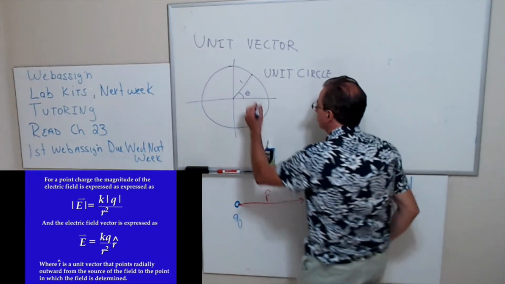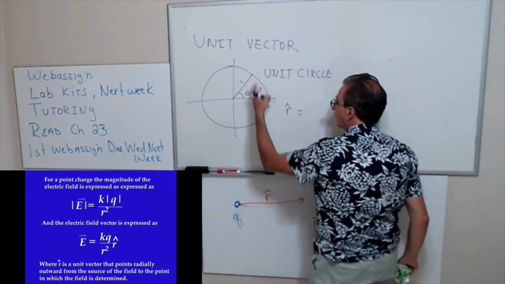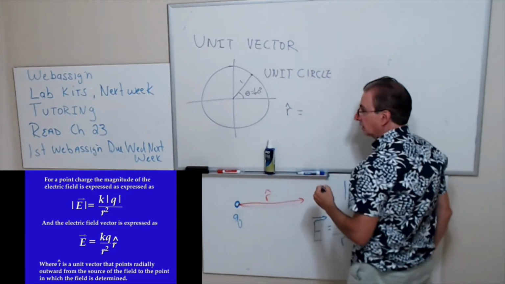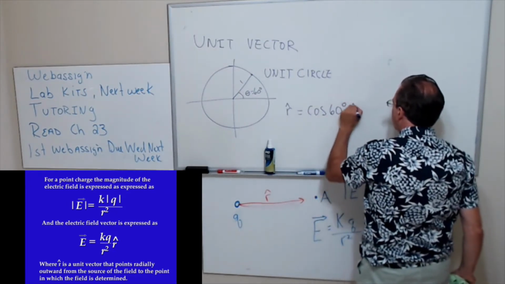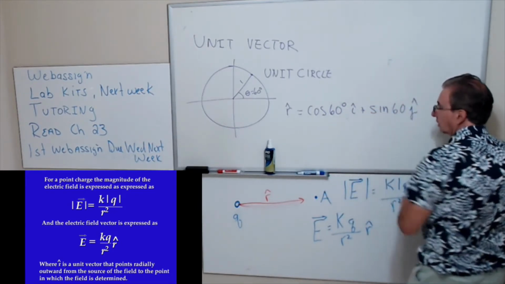So let's say this is 60 degrees. The unit vector for this point on the unit circle is going to be cosine 60 i hat plus sine 60 j hat.